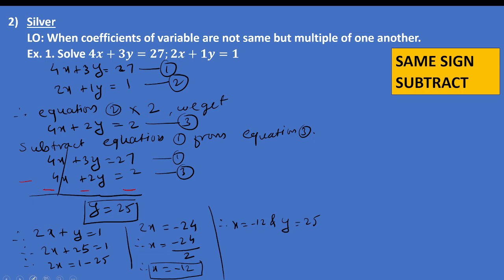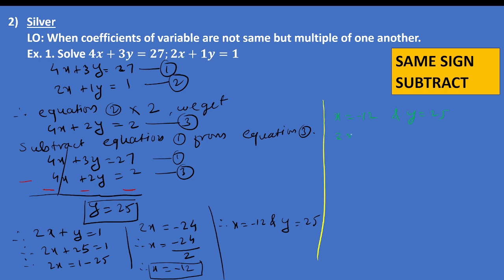Now if you want, you can verify by putting these values, x equals minus 12 and y equals 25, in any one of these equations. For simplicity, let's just use the second equation only.